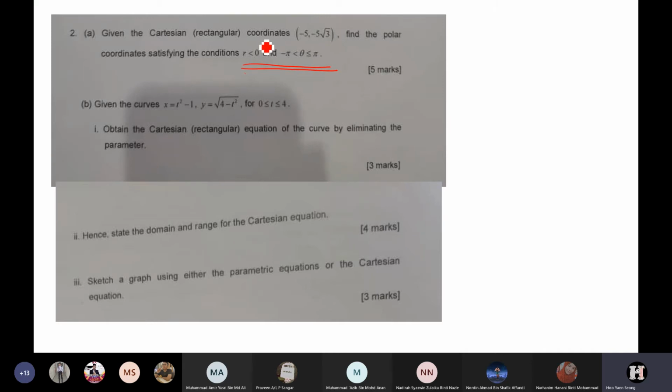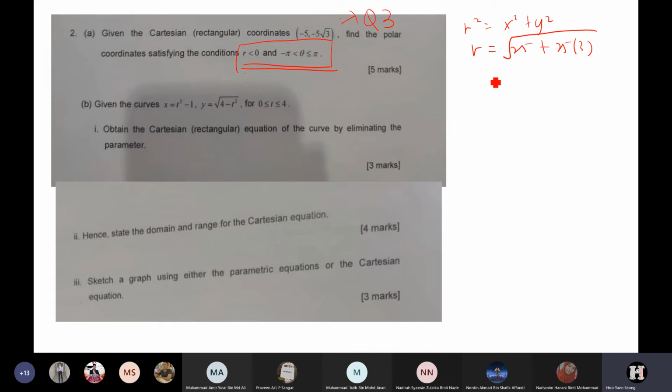First thing, before we consider the constraint over here, (-5, -5√3) is in Q3. So r squared equals x squared plus y squared. So r equals the square root of 25 plus 25 times 3.